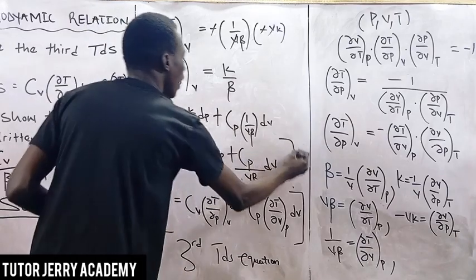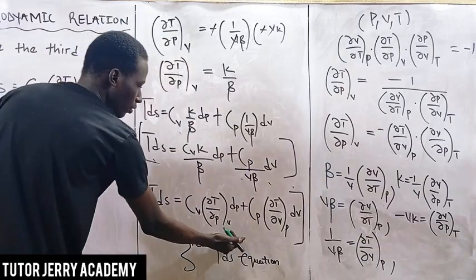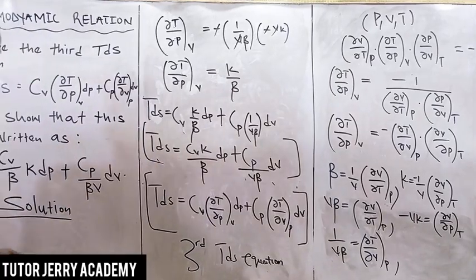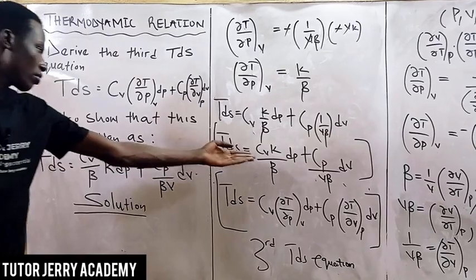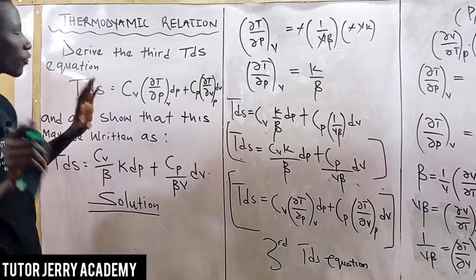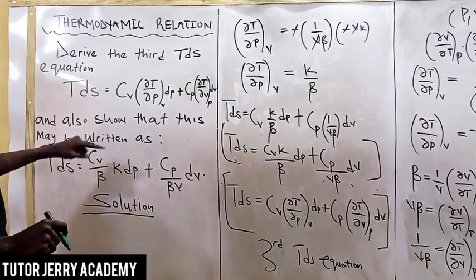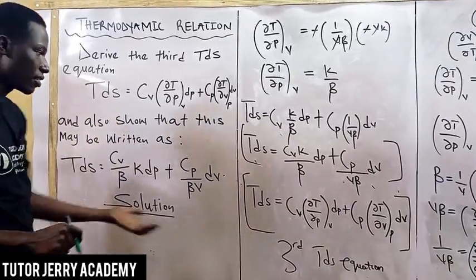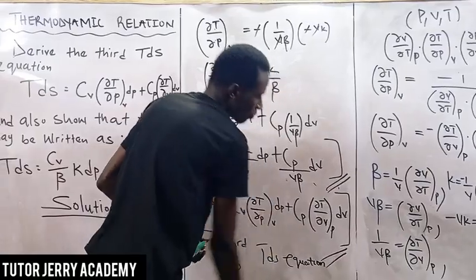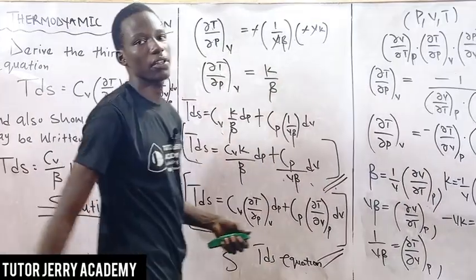Now you can see that this Maxwell equation has been shown to be equal to what is here. Of course, what is here is equal to what is here. So we have derived the TDS equation successfully, and we have also shown that it can be written as this, which is this. So we have derived our equations.